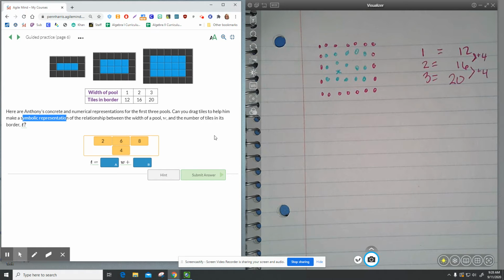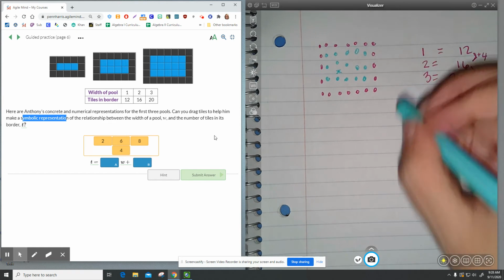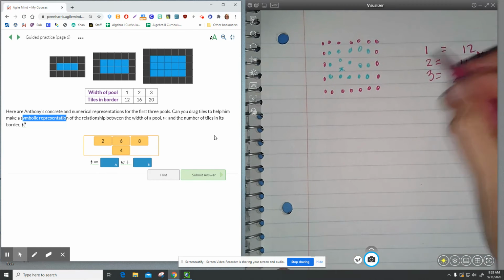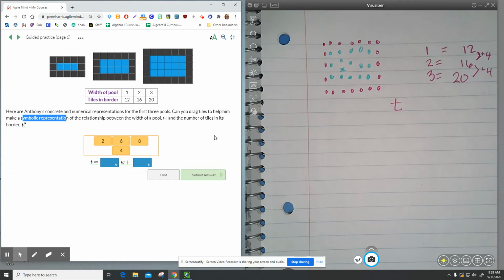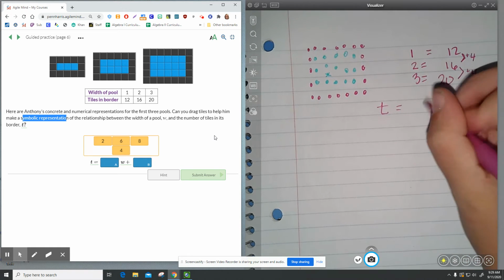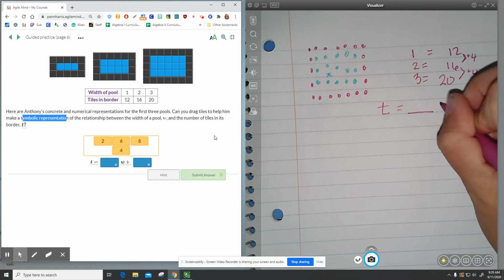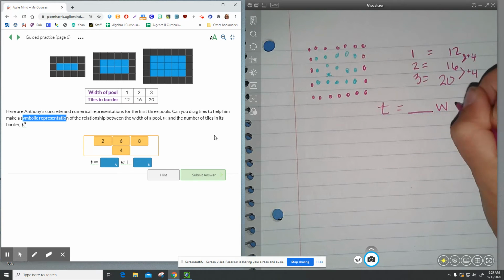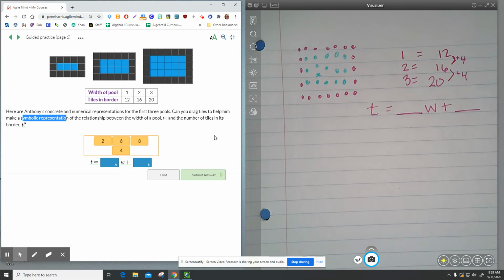So the first thing I want to do here, guys, I'm going to write down, they want us to come up with something that says the total number of tiles equals something times the width plus something, okay? So the first thing that I'm going to do, I prefer to go back to our table, okay? And you can look over here too.